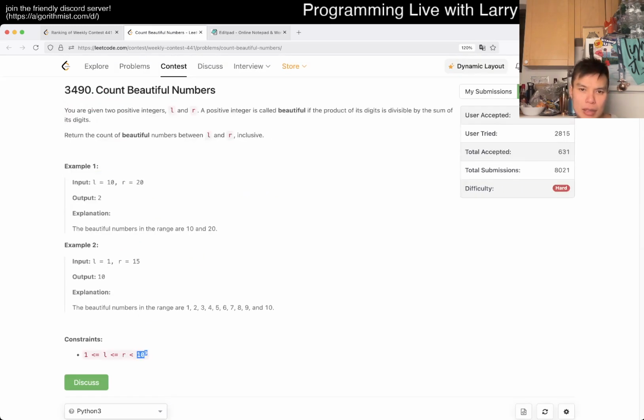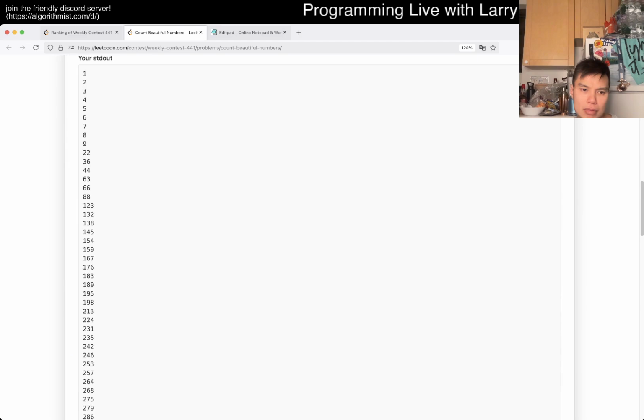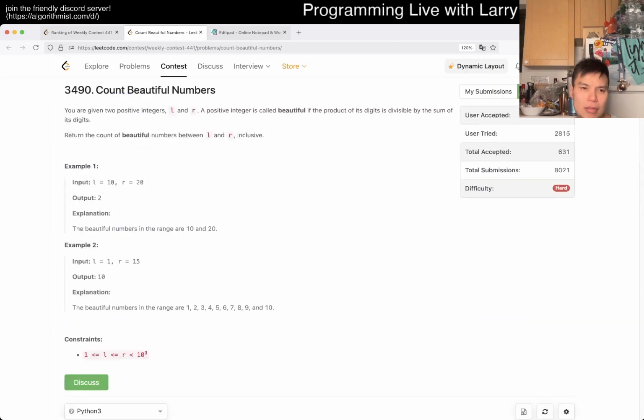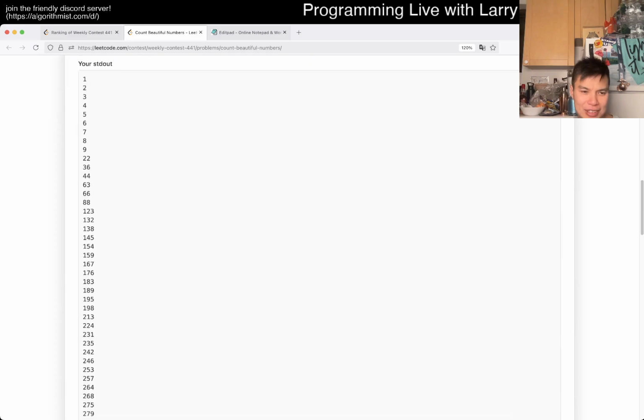Ten to the 9. What does it mean? I don't know that I know this one, or what this one means so far.